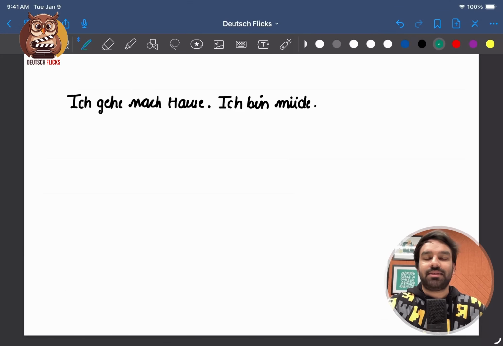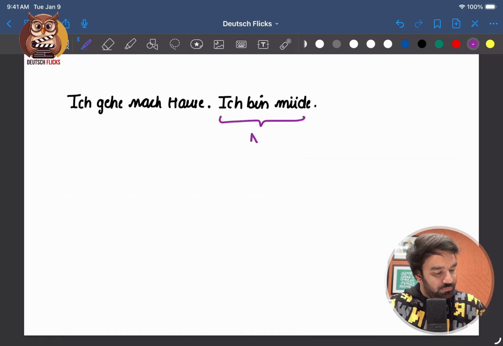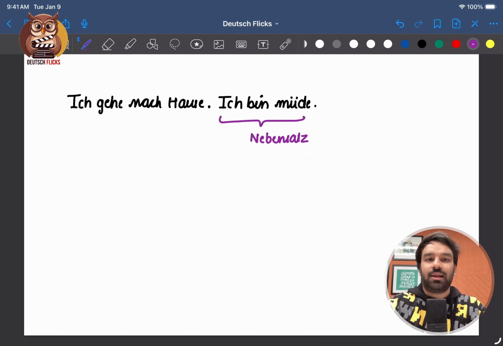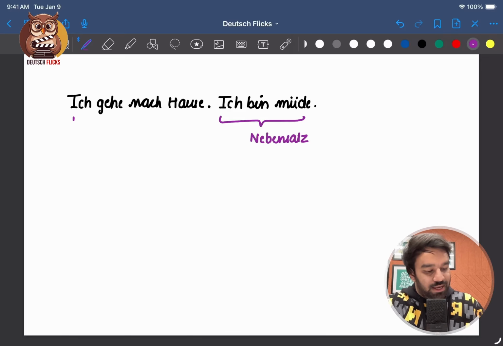The reason is ich bin müde, I am tired. So this will be my Nebensatz. This is the sentence with which you'll use because, and ich gehe nach Hause will be my Hauptsatz.